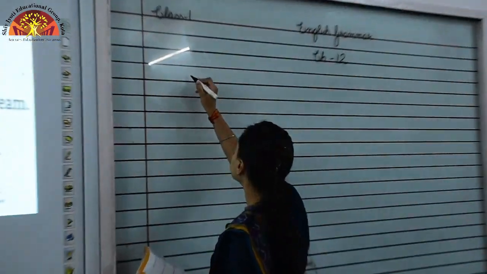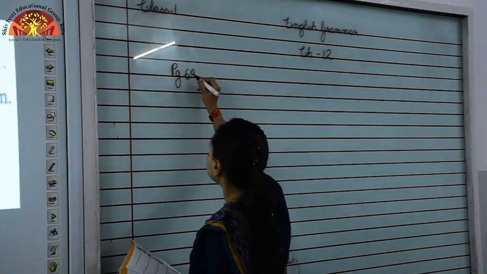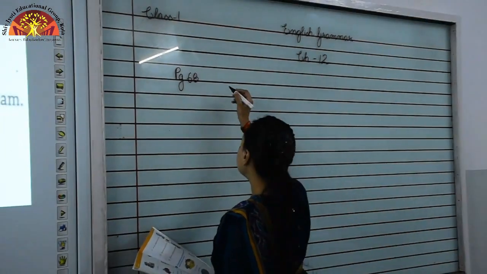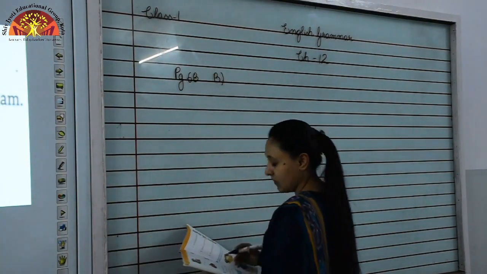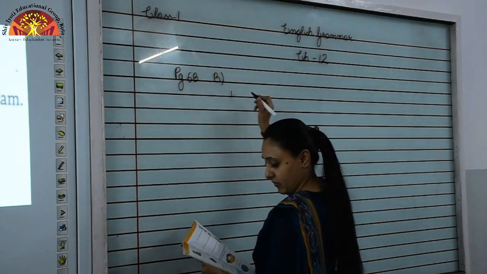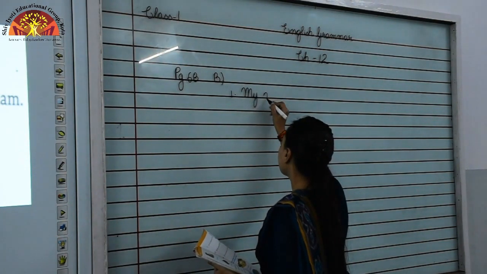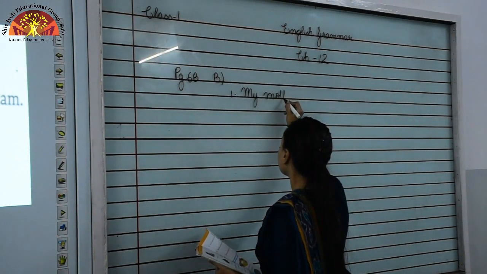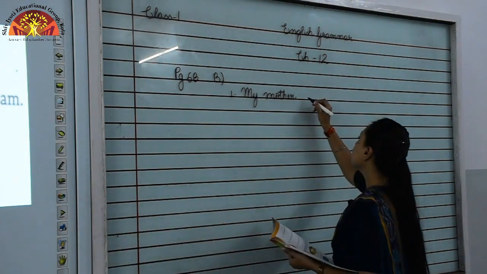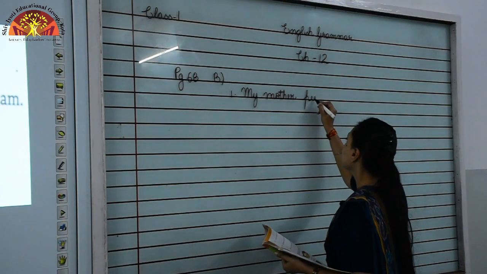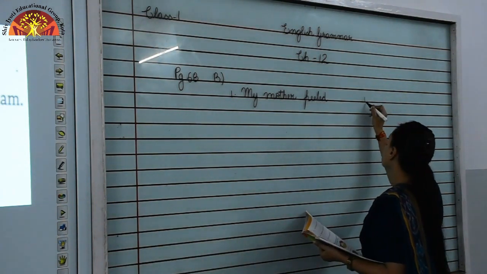Page 68. Question B. Number 1. My mother peeled dash orange.